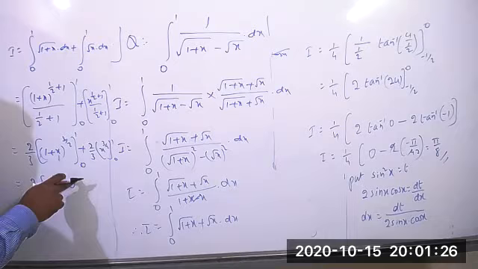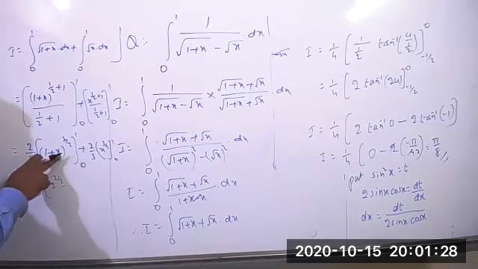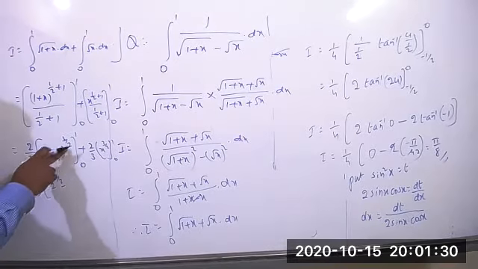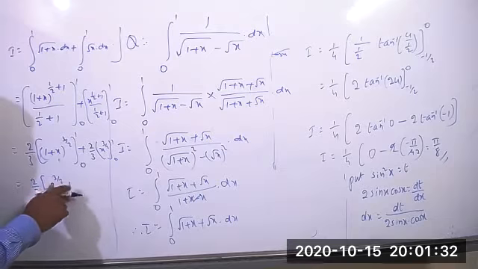I think 1 will get. It's not 0, it will be 1, because x equal to 0 means 1 plus 0 equals 1, and 1 for anything will get 1. One thing.